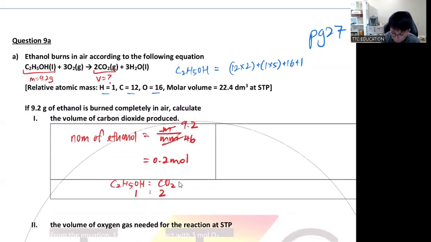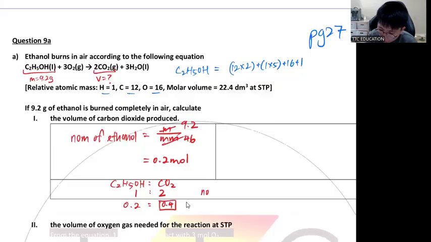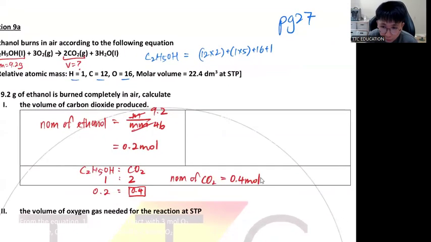It means that if your ethanol is 0.2, what is your carbon dioxide? Okay, ratio 1 to 2, so 0.2 becomes 0.4. It means we can say the number of mole of carbon dioxide is 0.4 mole. All good, 0.4 mole.